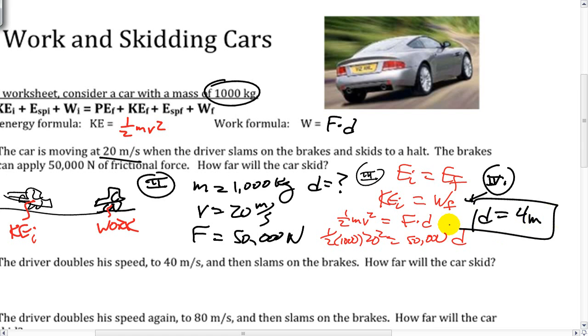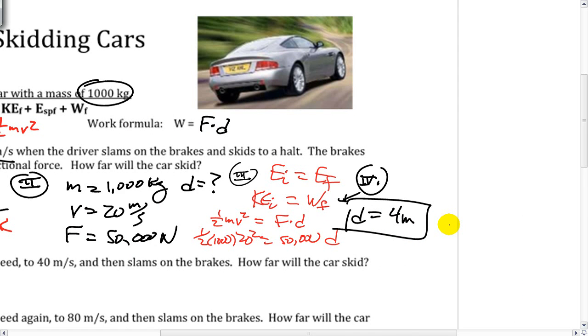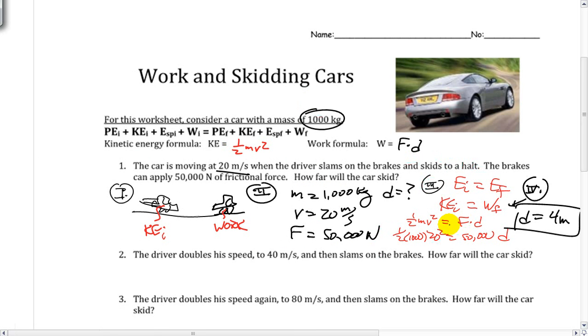Now, in the next part, we don't actually have to do a lot of math. We could plug into the equation, but let's try to do this conceptually. If you double your driving speed to now 40 meters per second compared to 20, notice the relationship between kinetic energy, mass, and velocity is 1/2 mv squared.